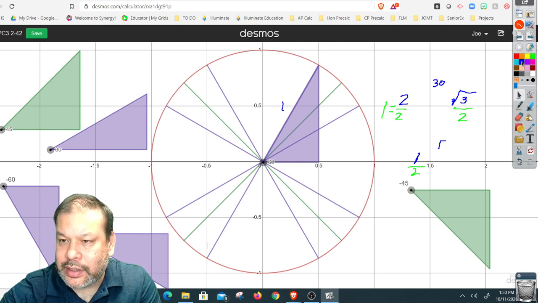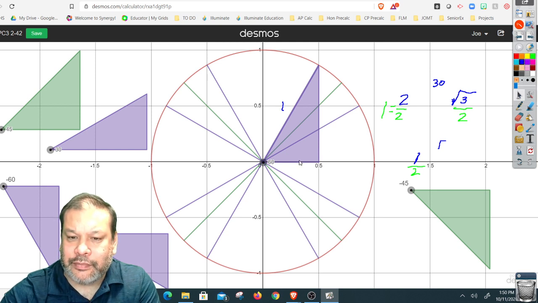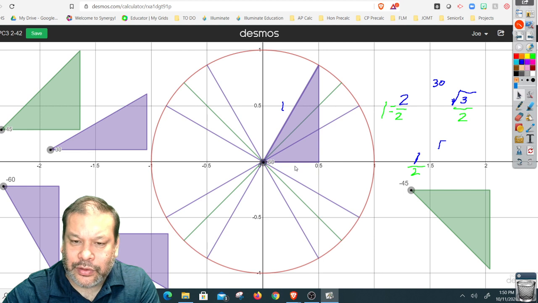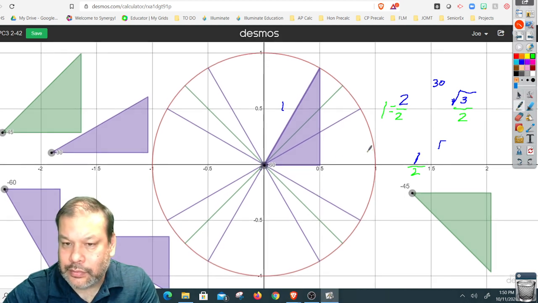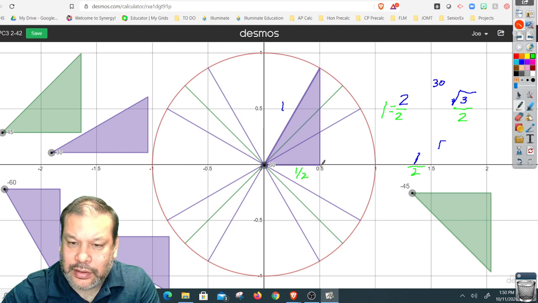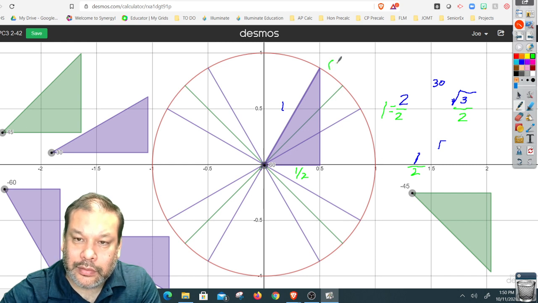And when they ask what's the x component, this length is 1/2. So if this is 1/2, then this x component is 1/2.